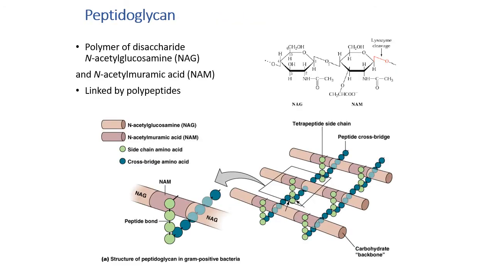Looking now in more detail at peptidoglycan, as I already said, it's a polysaccharide. It contains two sugars, N-acetylglucosamine, which is this guy here, that's NAG, and that's polymerized with N-acetylmuramic acid, which is this fellow here.